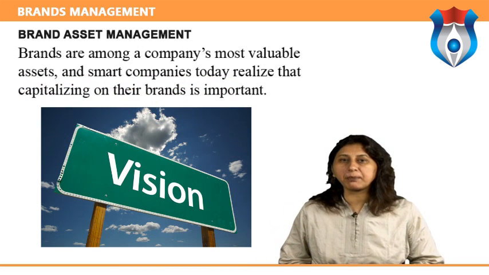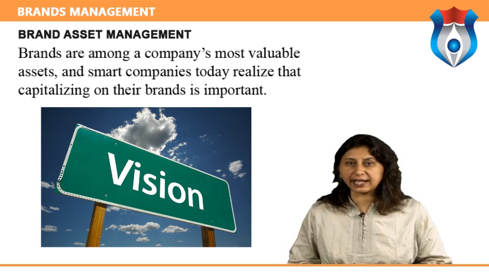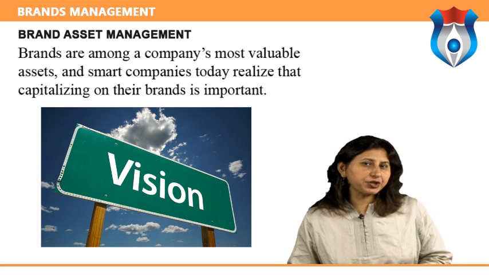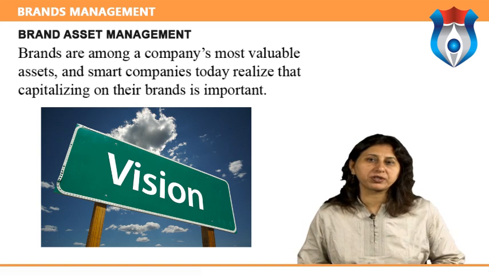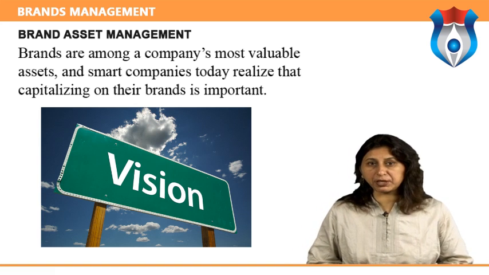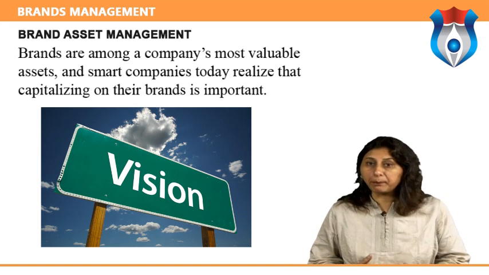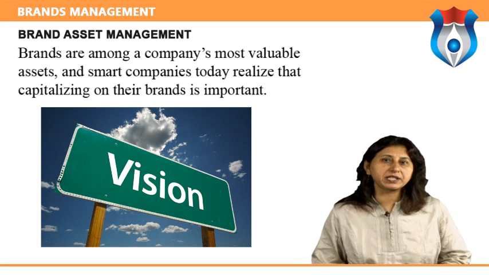Brands are among a company's most valuable assets, and smart companies today realize that capitalizing on their brands is important. Doing so can help them achieve growth objectives more quickly and more profitably.